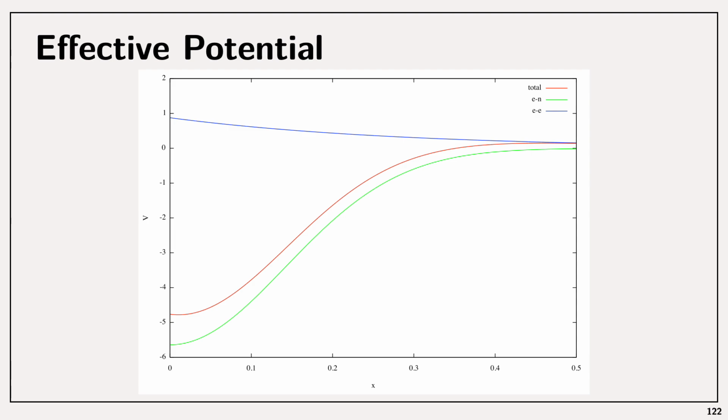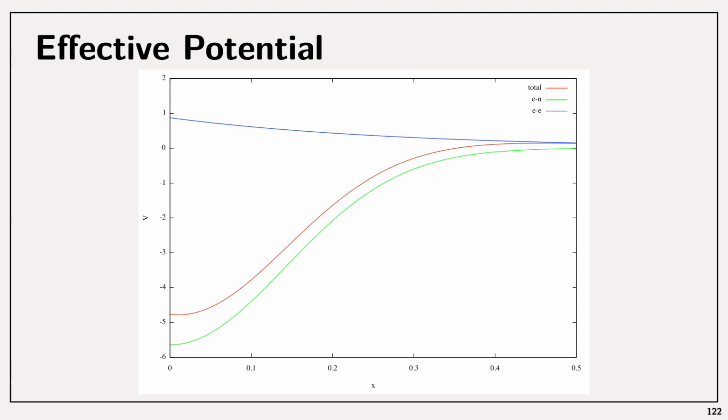So the effective potential is the sum of the two. And so what the electron actually experiences or sees is the red potential. So in other words, it's a little bit like there are the ions and mostly the ion, right? Because the green and the red look very much the same. However, it's not as attractive as the ions were alone. And why is it so? It's because there is a screening of the other electrons. And think about this a little bit.